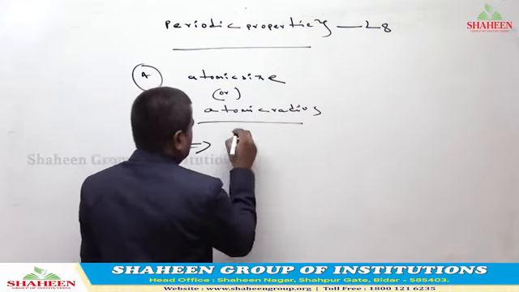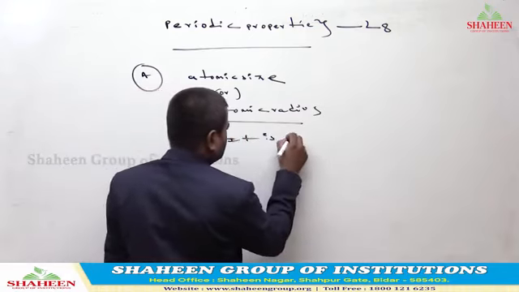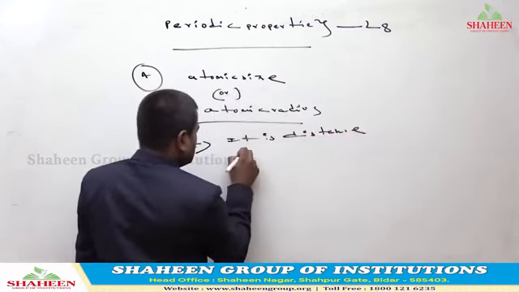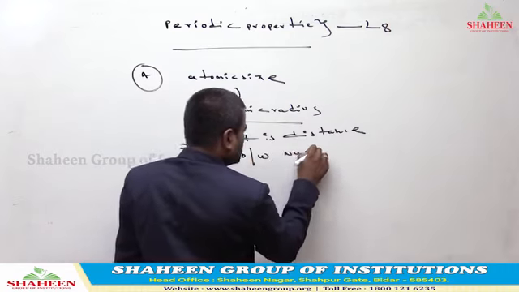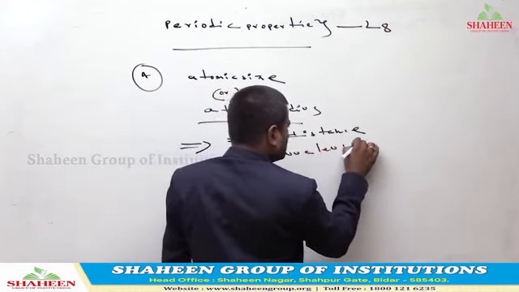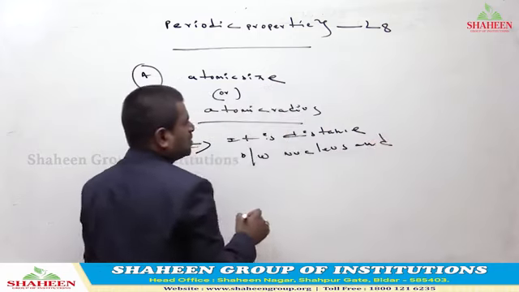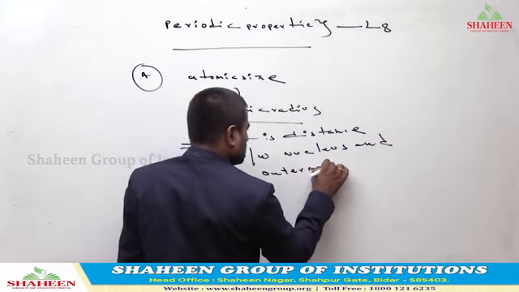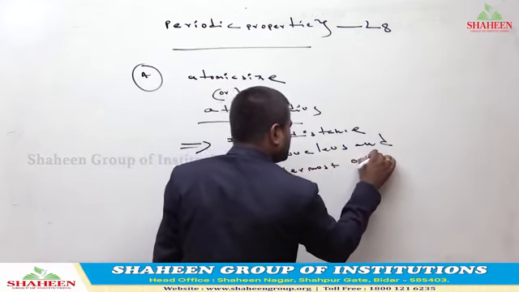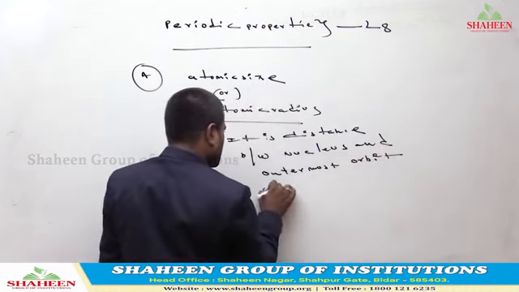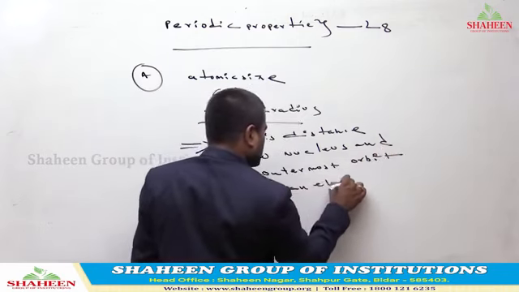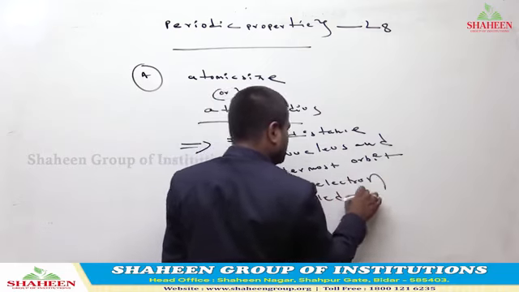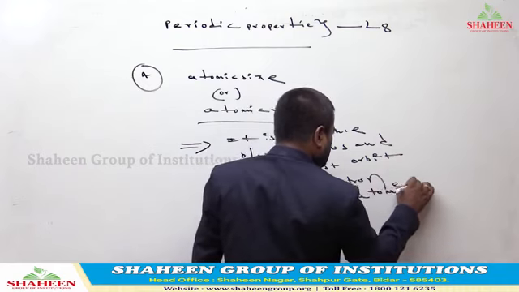Atomic radius is the distance between the nucleus and the outermost orbit of an electron, called atomic size.